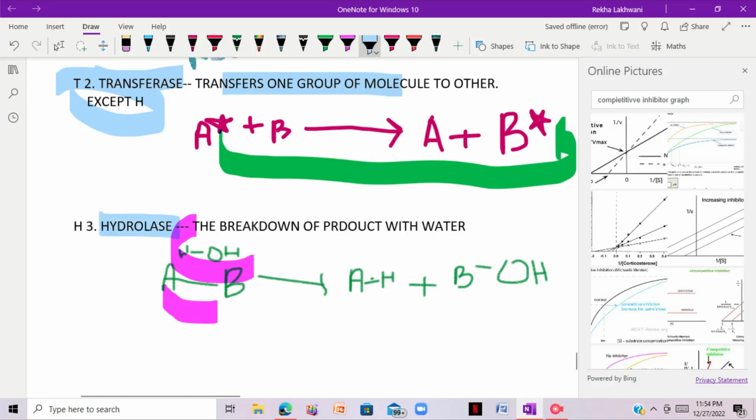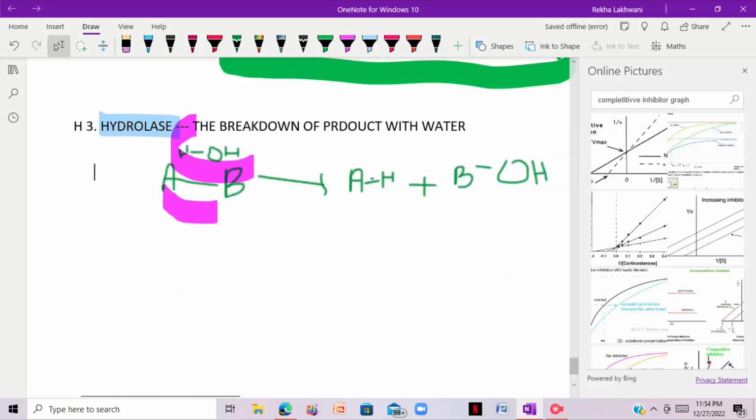Water will not be used, but there will be breakdown, and breakdown without water is done by the enzyme which is known as lyase.